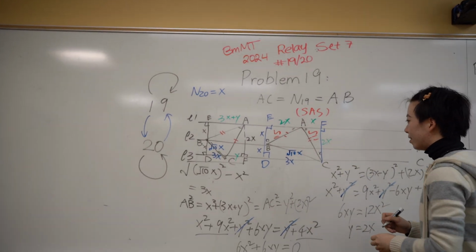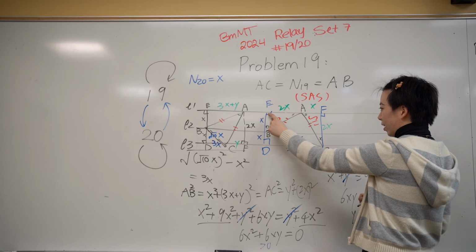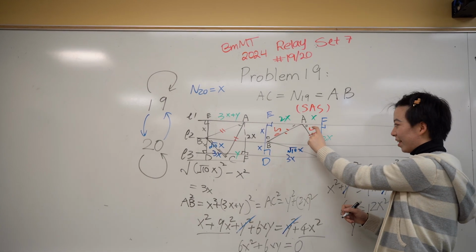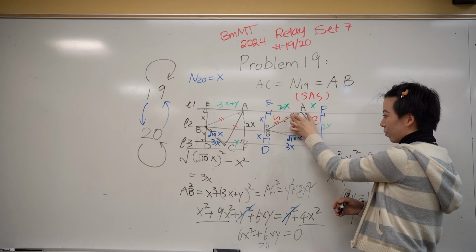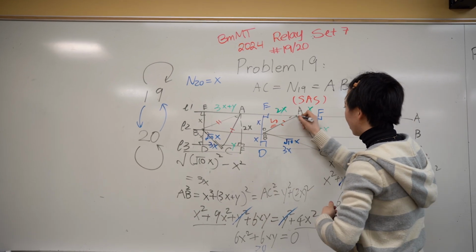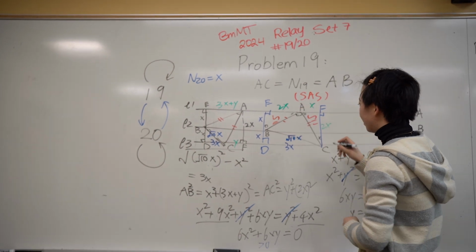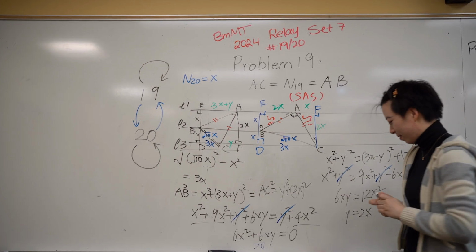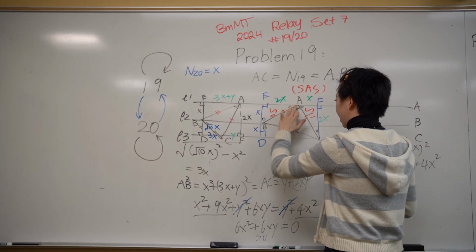What we also know is that the circle plus the x is equal to 90 degrees, so this x plus this circle should also be equal to 90 degrees. What that means is these two angles add up to 90 degrees. However, this entire angle gives us 180 degrees. And what that tells us is that this angle BAC is a right angle. Let's make it a little bit clearer.